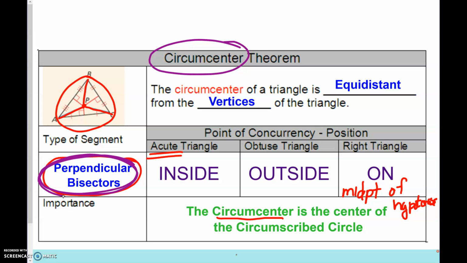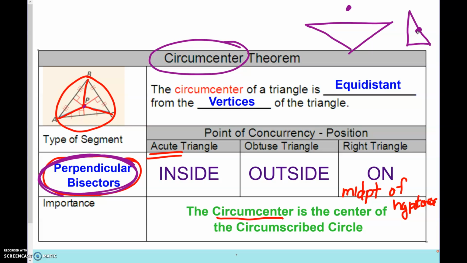If it's inside, that circumcenter is on the inside of the triangle, like the one drawn here. If we have an obtuse triangle, that circumcenter is going to be outside. And if it's a right triangle, then that circumcenter is going to be on the midpoint of the hypotenuse.